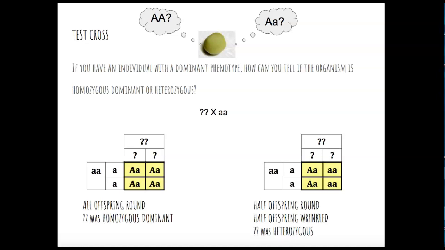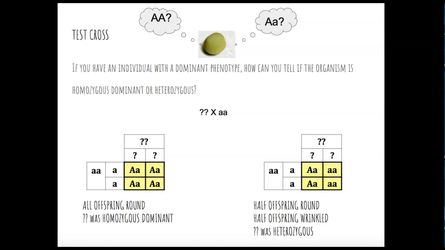So if a homozygous recessive individual is mated to a homozygous dominant individual, all of the offspring are going to be homozygous dominant phenotype because they're all going to be heterozygous genotype.